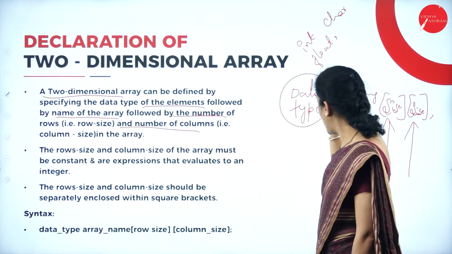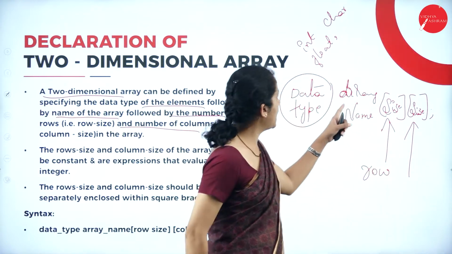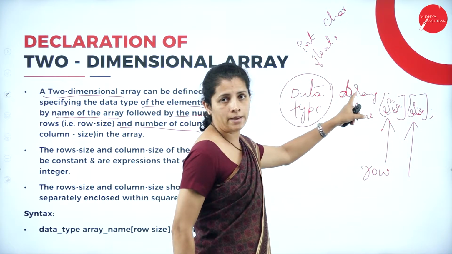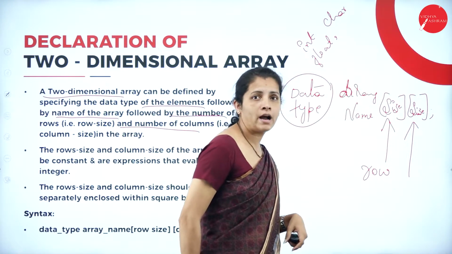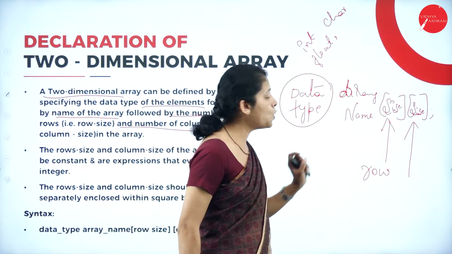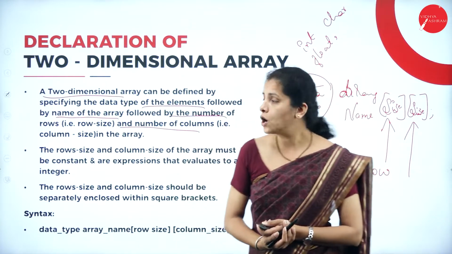So here I have the data type, along with that I have specified the array name, and along with that I have specified the size of the row as well as the size of the column.